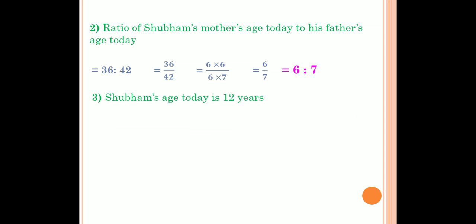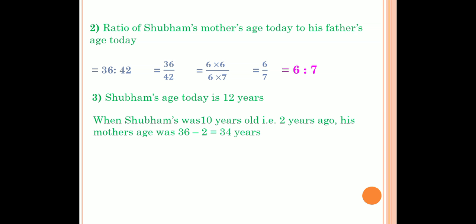Now Shubham's age today is 12 years. When Shubham was 10 years old, that is 2 years ago, his mother's age was 36 minus 2, because it is 2 years ago. So 2 years ago, Shubham's mother's age was 34 years old and Shubham's age was 10 years old.